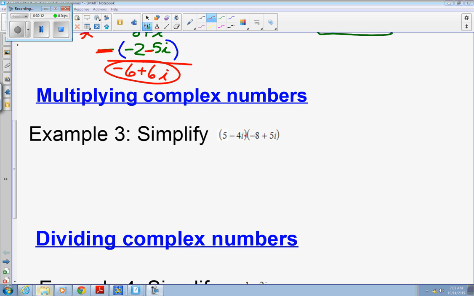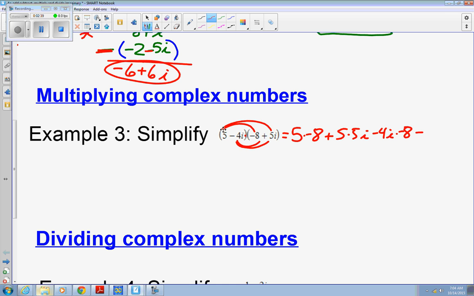With multiplication, you're just treating it like FOIL. So 5 times -8, and then 5 times 5i, so plus 5 times 5i, and we have -4i times -8, and then you have -4i times 5i.